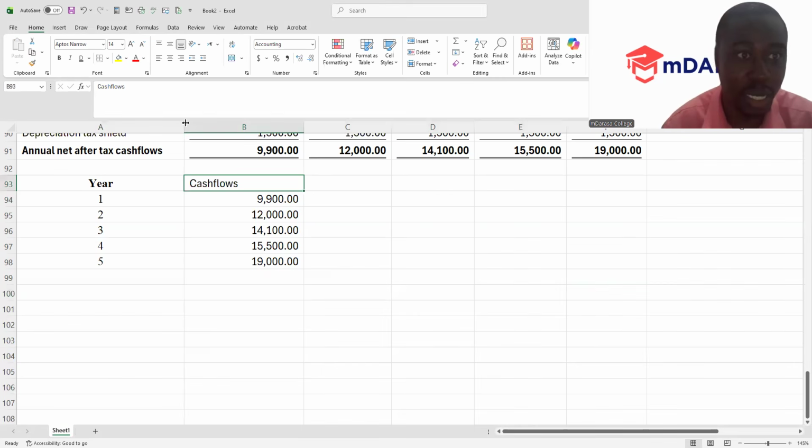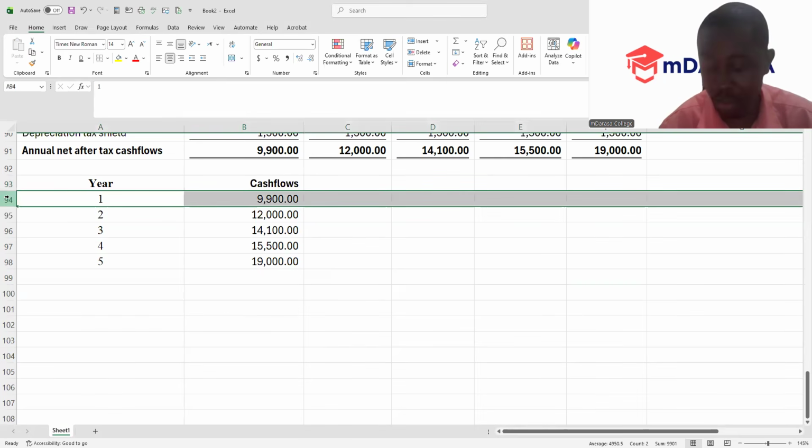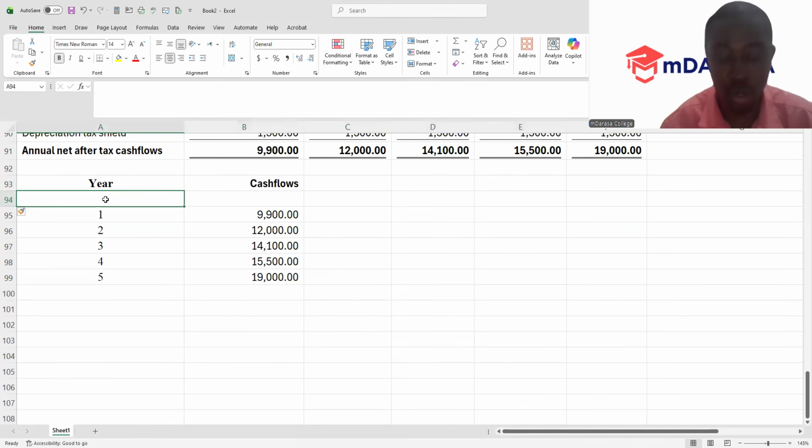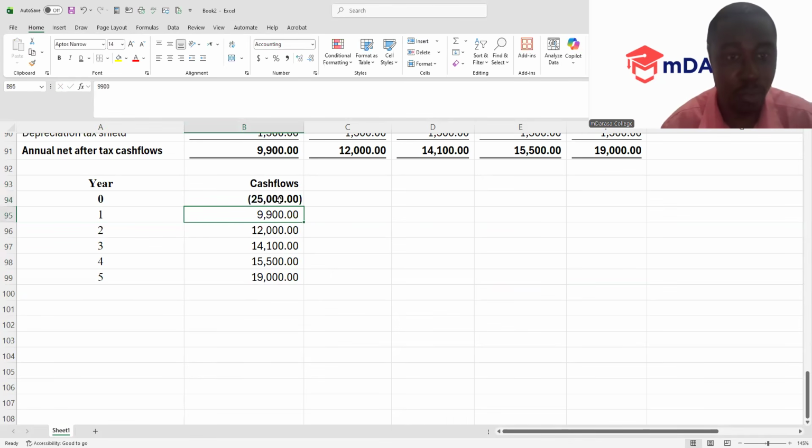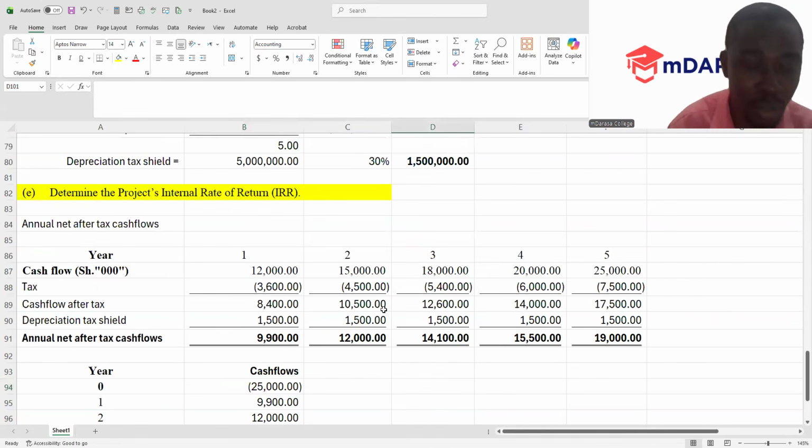Once this has been obtained, we add a row for year 0. In year 0, we take our initial outlay, which was 25 million.